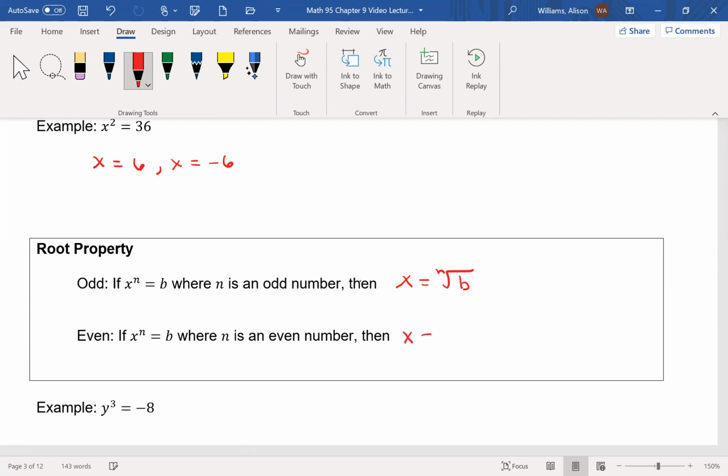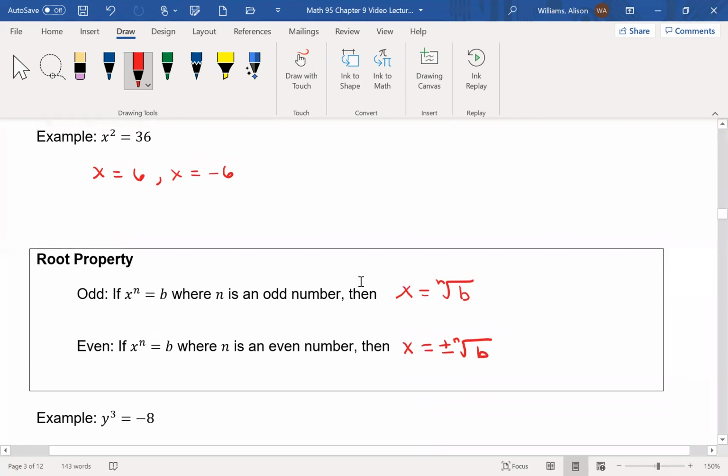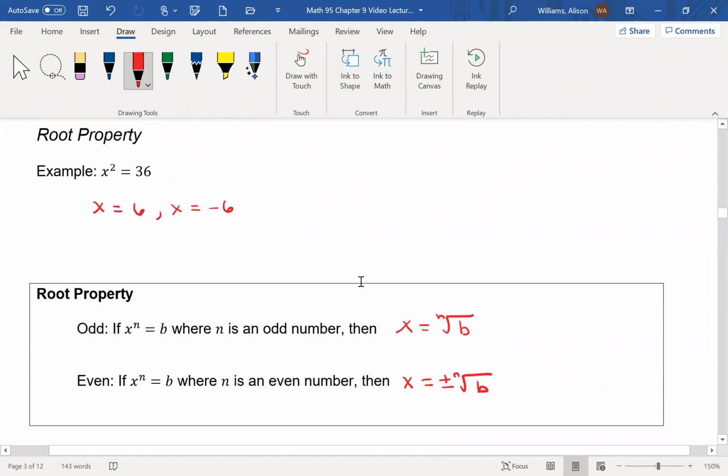Up here I had an even exponent, and that ended up getting a positive answer and a negative answer that could work. So when I have an even power or an even root, that means I have a positive and negative possibility. Let me come back up to this problem and use this idea so you can see what that's going to look like.